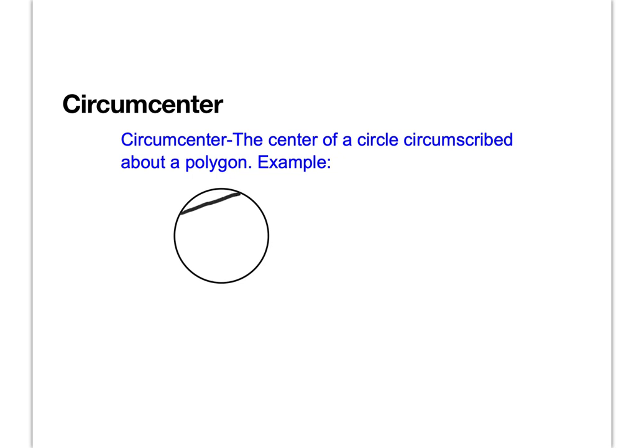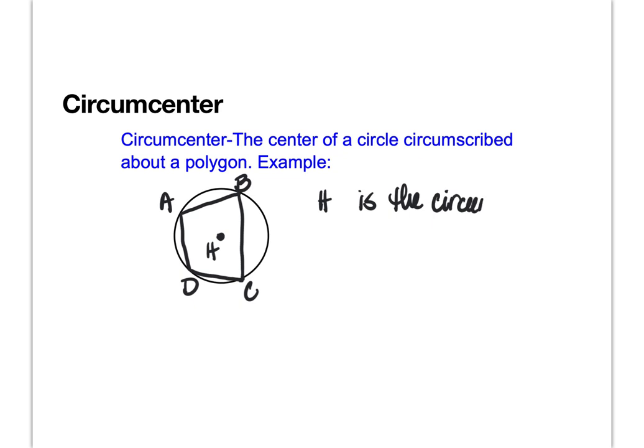So if I were to draw this polygon in here, the center of that circle would be the circumcenter of the polygon that I just drew. So H is the circumcenter of A, B, C, D.